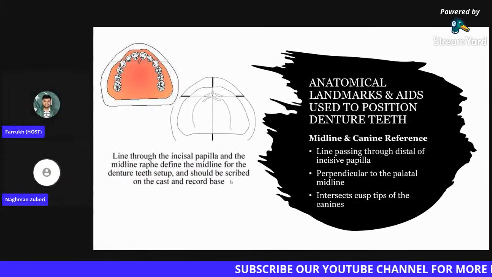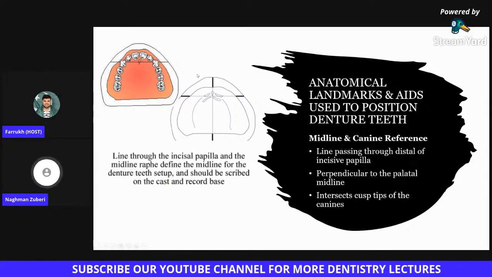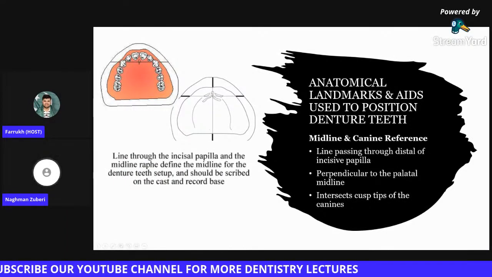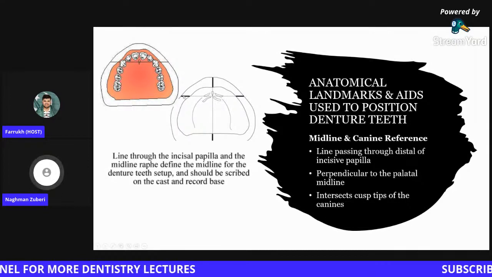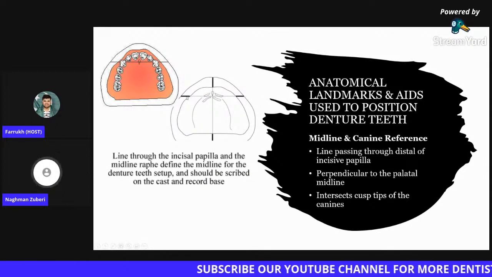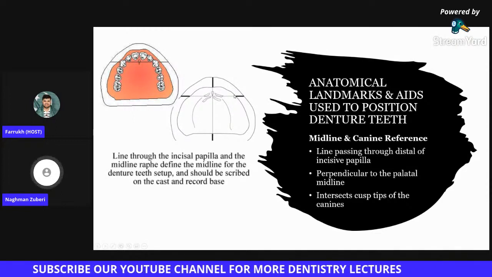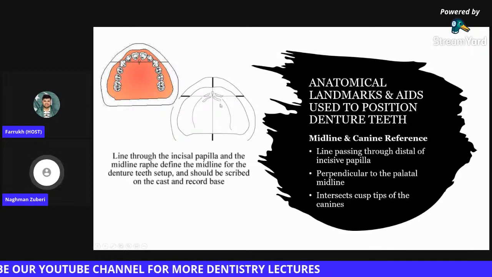Then come the canine references. We pass one line, which I have already mentioned, in the middle, and the other line is passed in such a way that it passes through the distal area of the incisive papilla, and it should be perpendicular to the palatal midline.